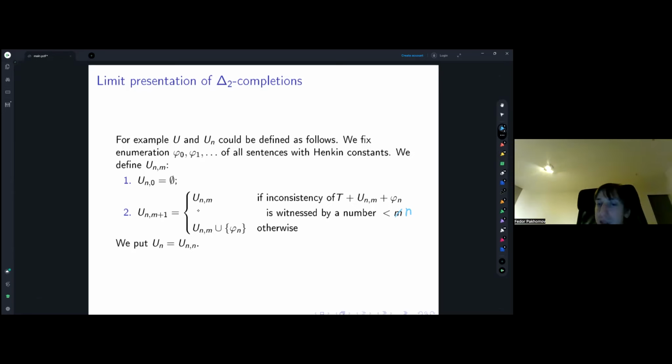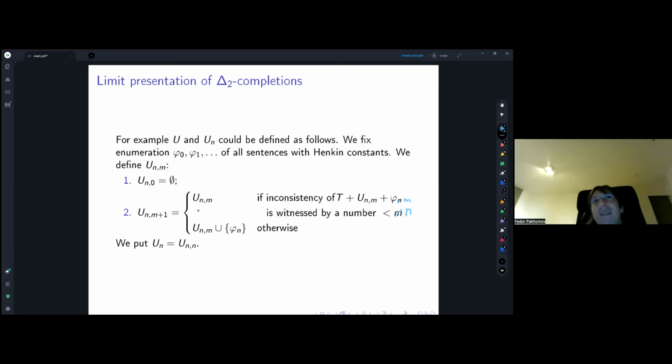Namely, we are looking at the theory T plus U_n plus phi_n. Sorry, it should be phi_n. So you can see the next sentence in our enumeration, and we are interested in whether this theory is consistent or not. But since we want this to be computable, we couldn't actually ask whether it's consistent or not.